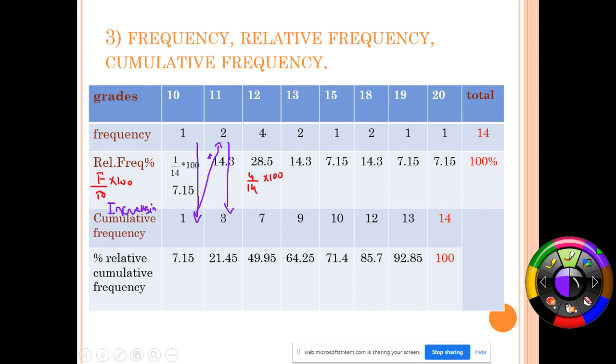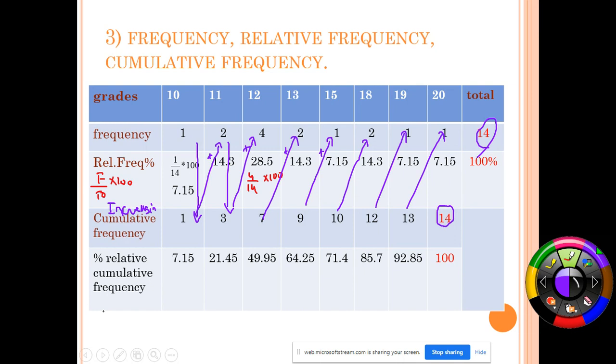Then again 3 plus 4 gives me 7. This is the increasing frequency. 7 plus 2 gives me 9. I continue the same. 9 plus 1 gives me 10. 10 plus 2, 12. 12 plus 1, 13. 13 plus 1, 14. The last one should be like the total. This is the increasing cumulative frequency or cumulative frequency.